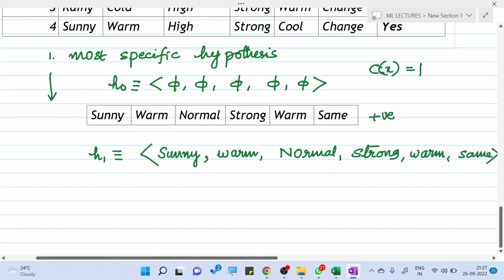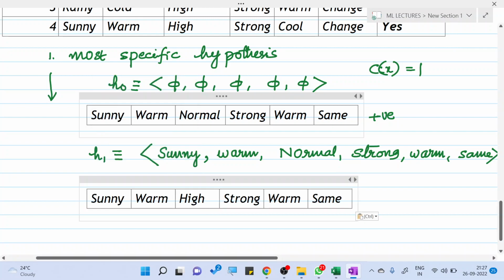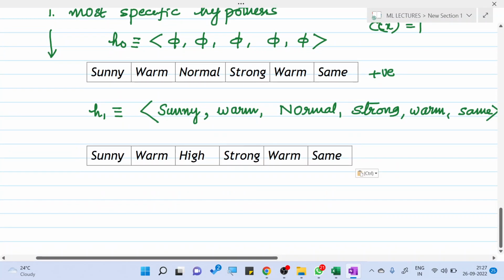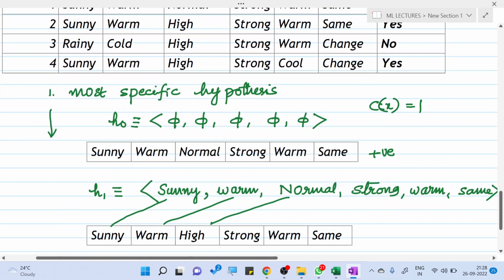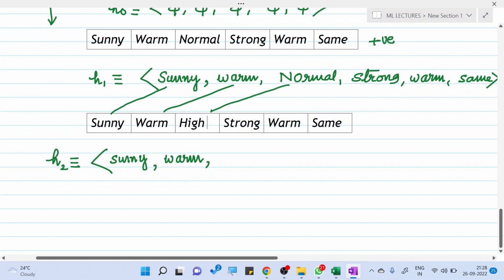Now what is H2? For H2 I need another example, positive example, the second example. So let me copy that here and let me update my hypothesis H2. Sunny, sunny, no change. So happy. That means both examples are not contradicting. Warm, warm, no contradiction. So I can put the same value in my hypothesis. But here the third attribute, which is humidity, first example says if the humidity is normal, he will enjoy the sport.